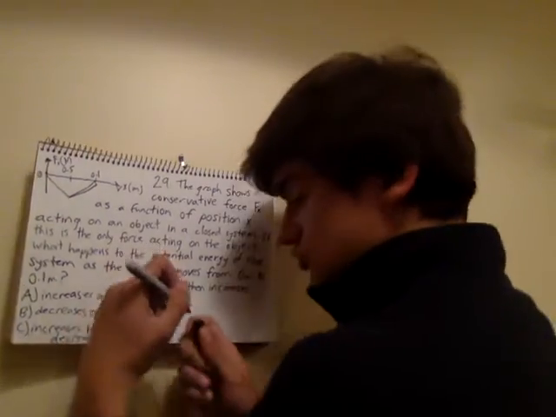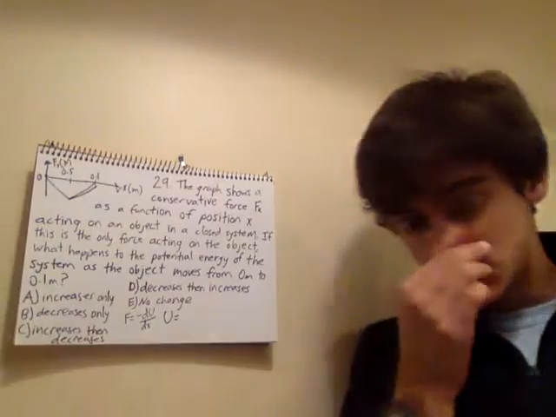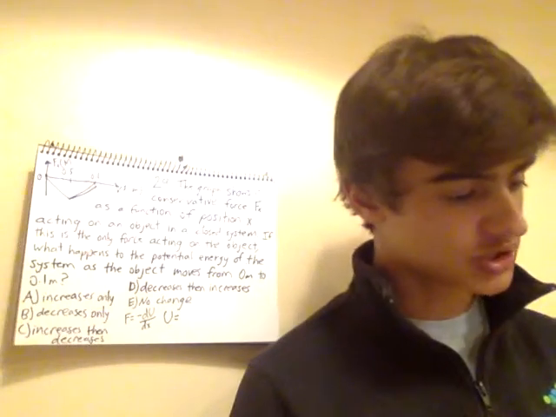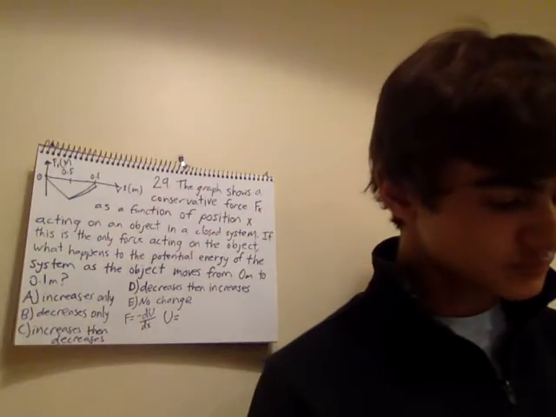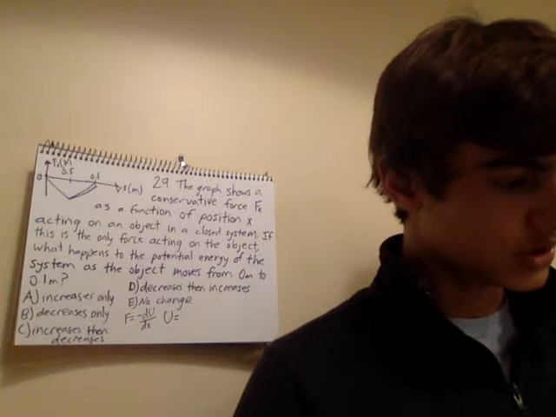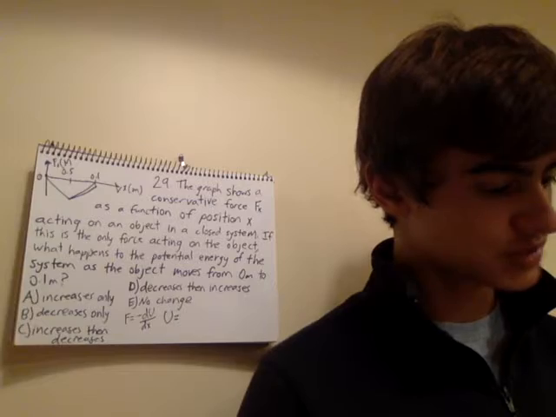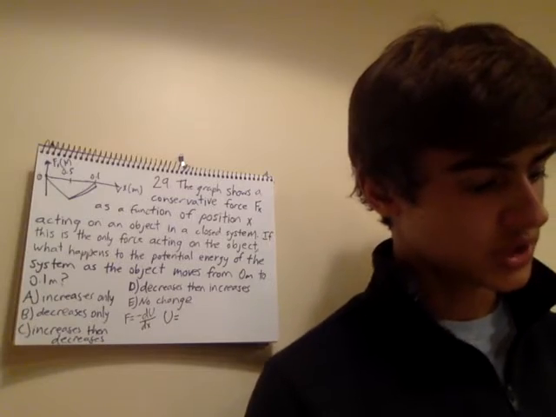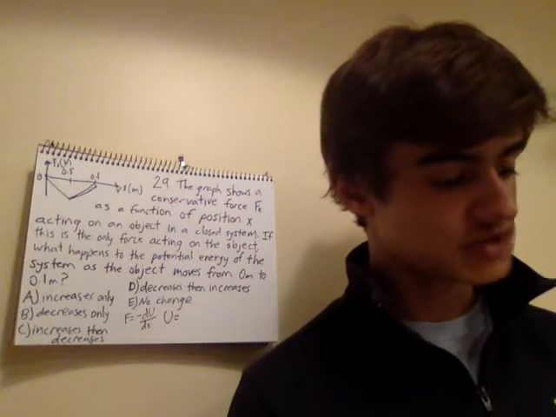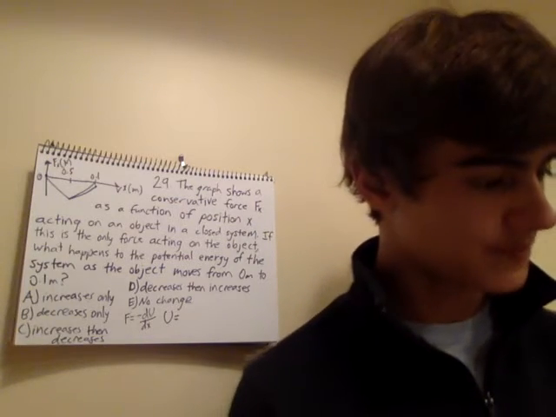Another equation you should memorize is for potential energy. Your useful equation sheet gives you, I think, three equations for potential energy. One is spring potential. One is gravitational field potential, the one that is negative GMm over r.